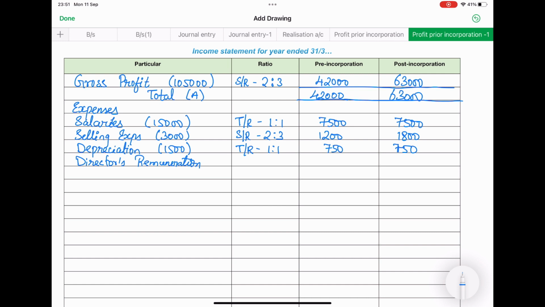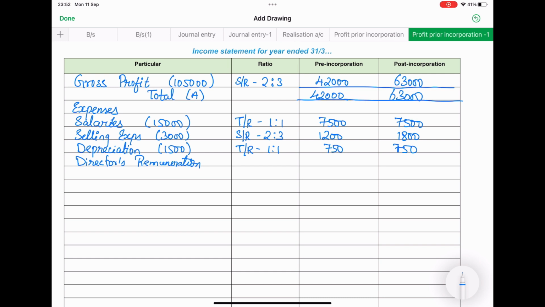So when we appoint a director, as I said earlier, when the company has been incorporated, only at that time are we going to pay them salary, which means the directors' remuneration is fully related to post-incorporation. Only if your company is registered under the Companies Act are we eligible to appoint the directors.